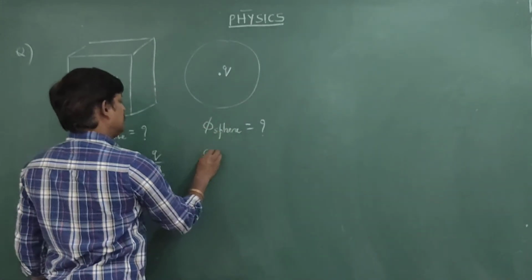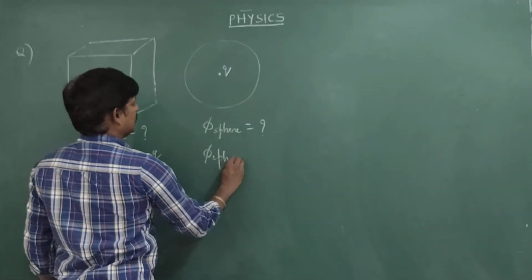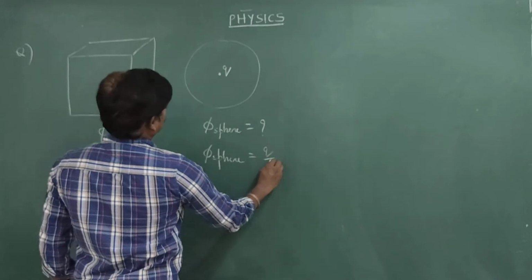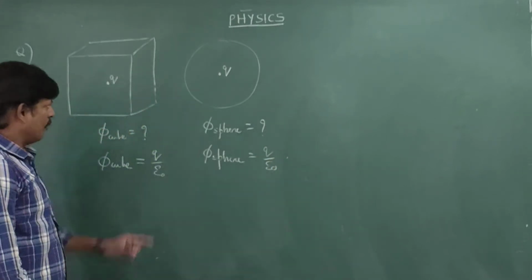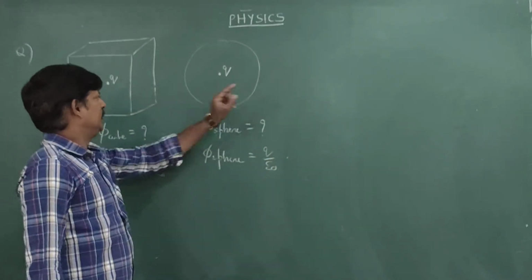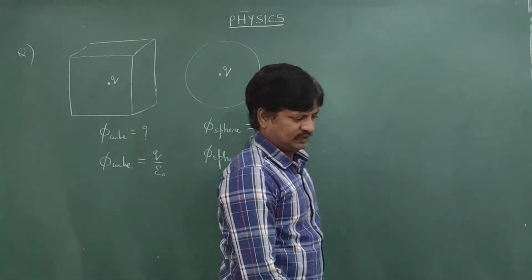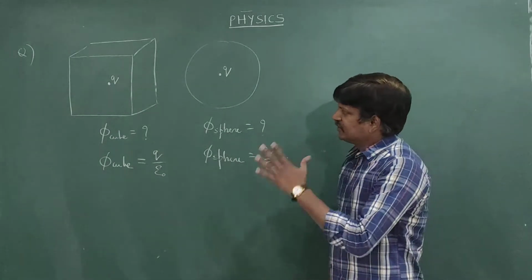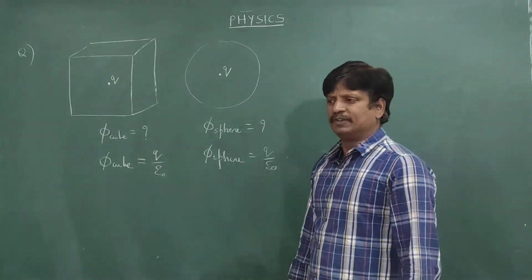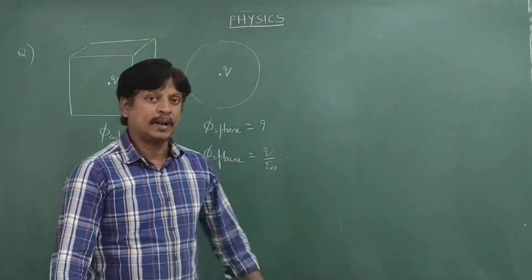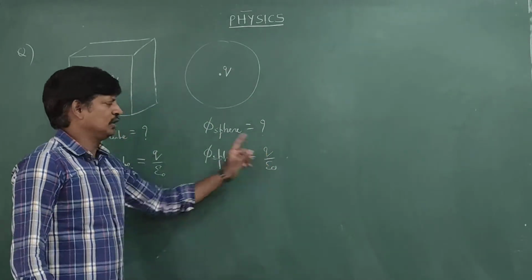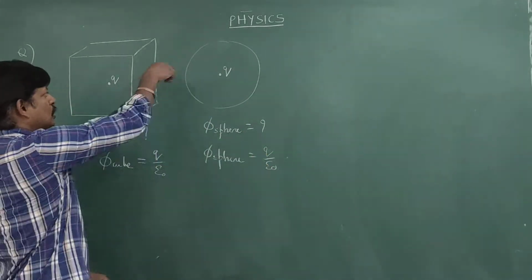And here there is a sphere. So what is the flux through the sphere? That is also equal to Q by epsilon naught. Now, the flux through the sphere and the flux through the cube, both of them are equal. That means the flux is independent of shape of the surface, but depends only on charge inside the closed surface.